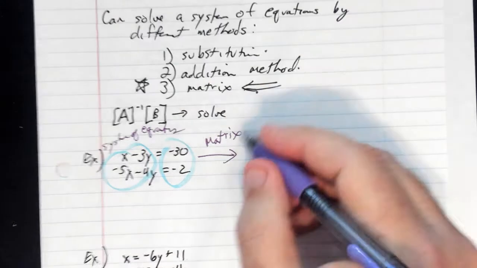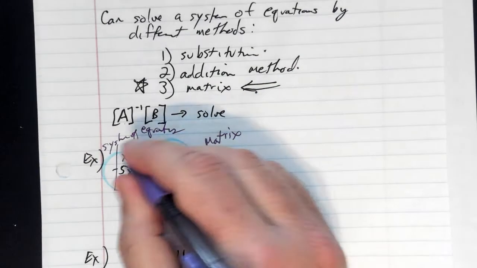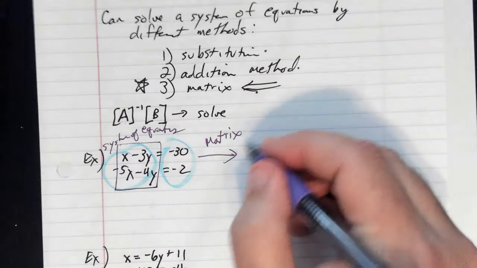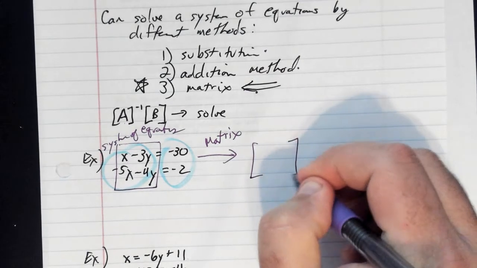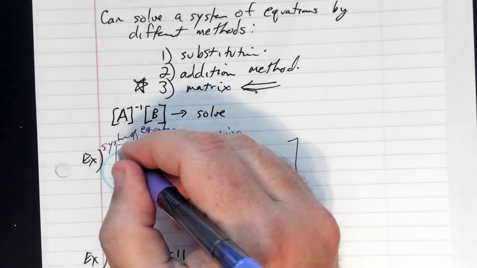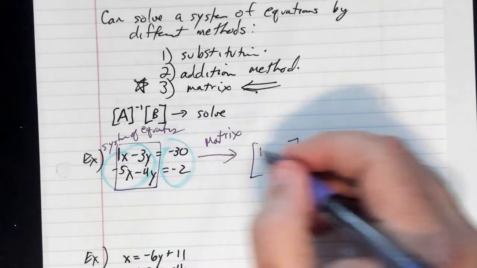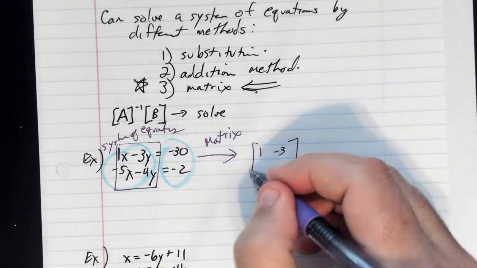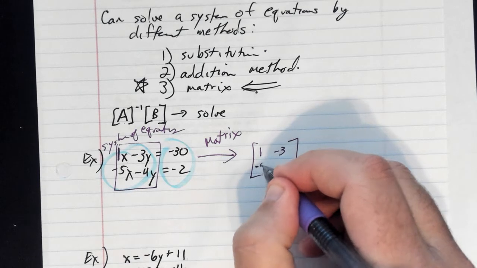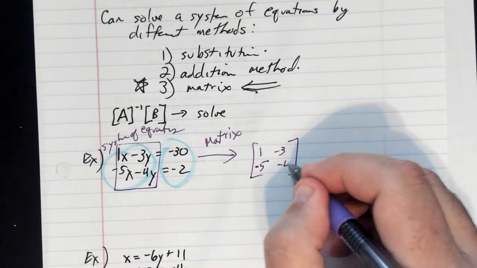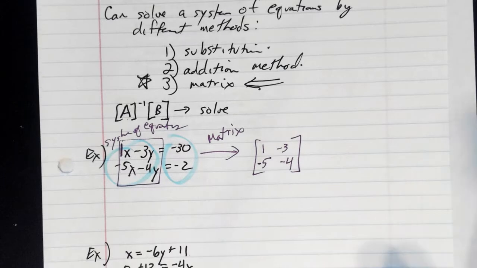Notice there's four things there, so we're going to make a 2 by 2, and we're going to use its coefficients. So there's a 1 in front of this x, negative 3 here, negative 5, and negative 4. Okay, so there's my first matrix.